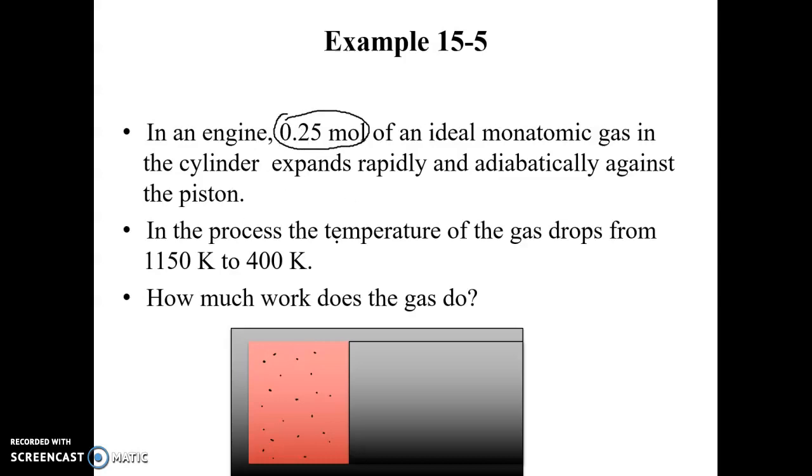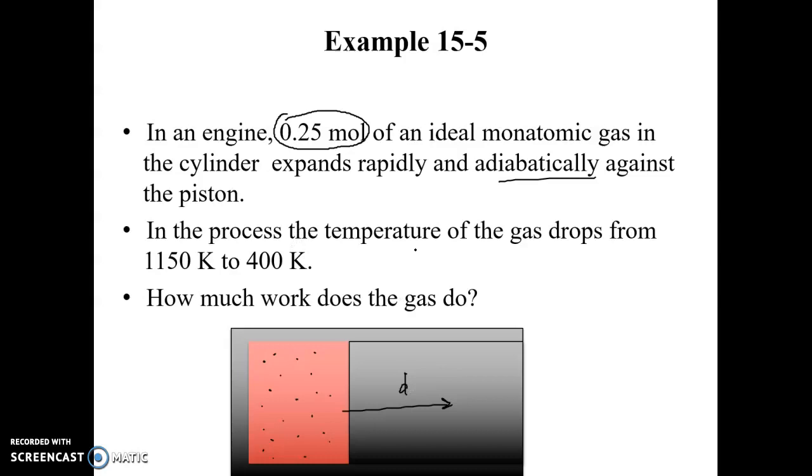Okay? And then it's going to expand rapidly and adiabatically. So all of that heat energy is going to stay in the system. It's going to push against the piston and push it out some distance, which means it's going to do some work.